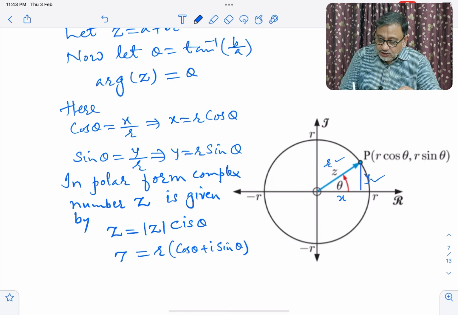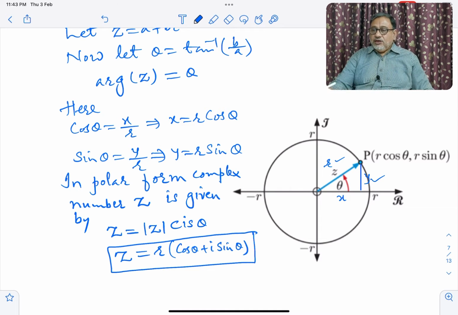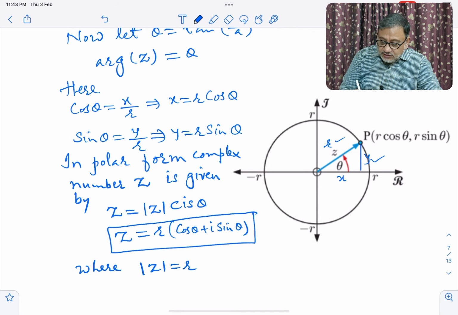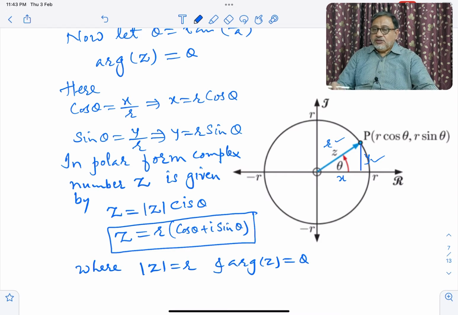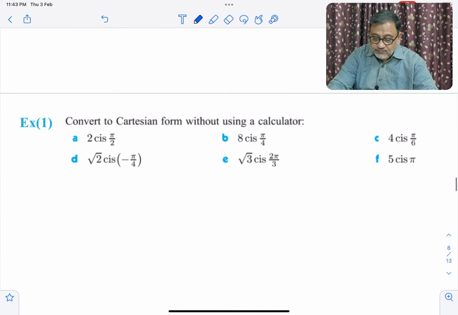So in short you can write it as cis theta. This is the definition of the polar form of a complex number, where modulus of z is equal to r and argument of z is equal to theta. Then this represents the complex number z in polar form. I hope you will remember this.